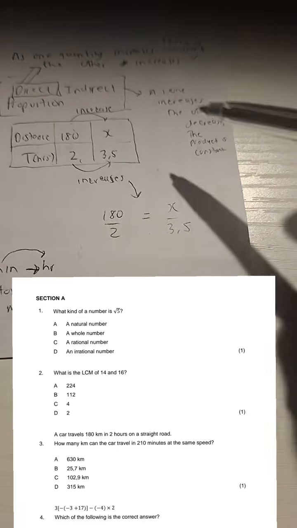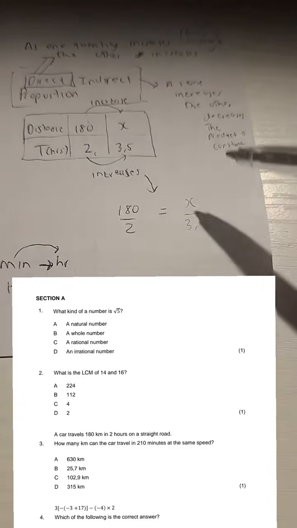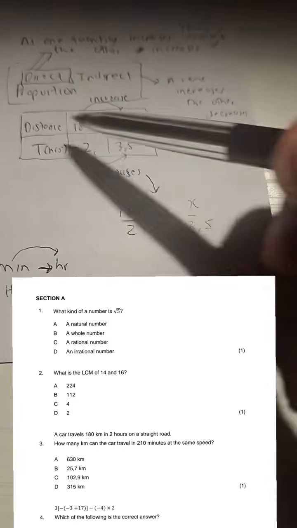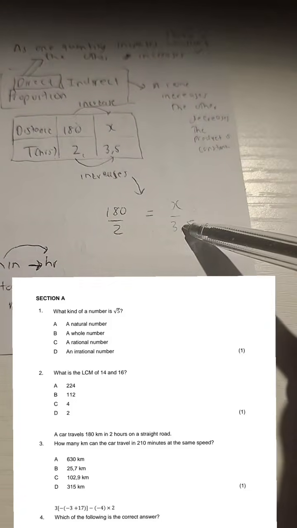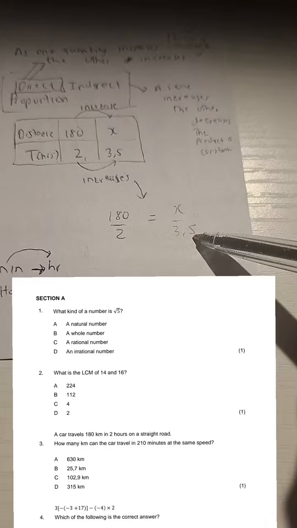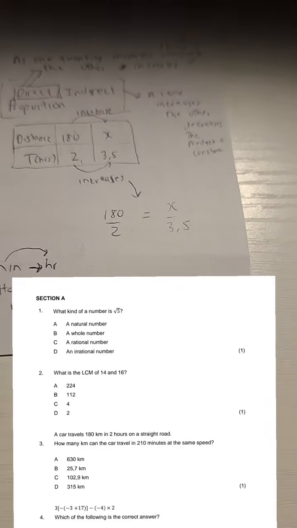Now the key here is to ensure that the unknown we are looking for is always in the numerator. So we always set up our table in such a way that the x value is in the numerator, so that it makes it easy to solve for x.